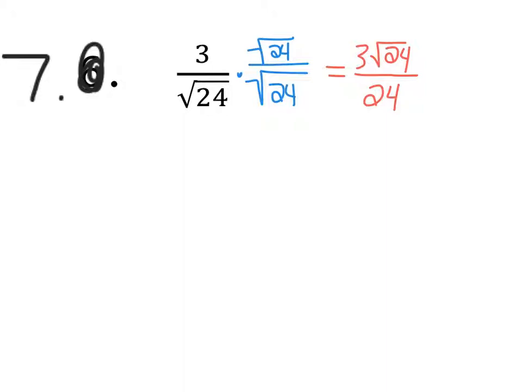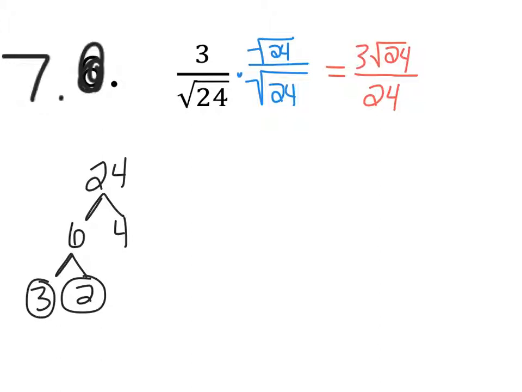But let's see if we can reduce it by using the factor tree. So 24 is the same thing as, we can use 6 times 4. You could have used 12 times 2, either one. 6 can reduce to 3 and 2. 2 is a prime, 3 is a prime. 4 can reduce, not to that, to 2 times 2, and 2's prime.